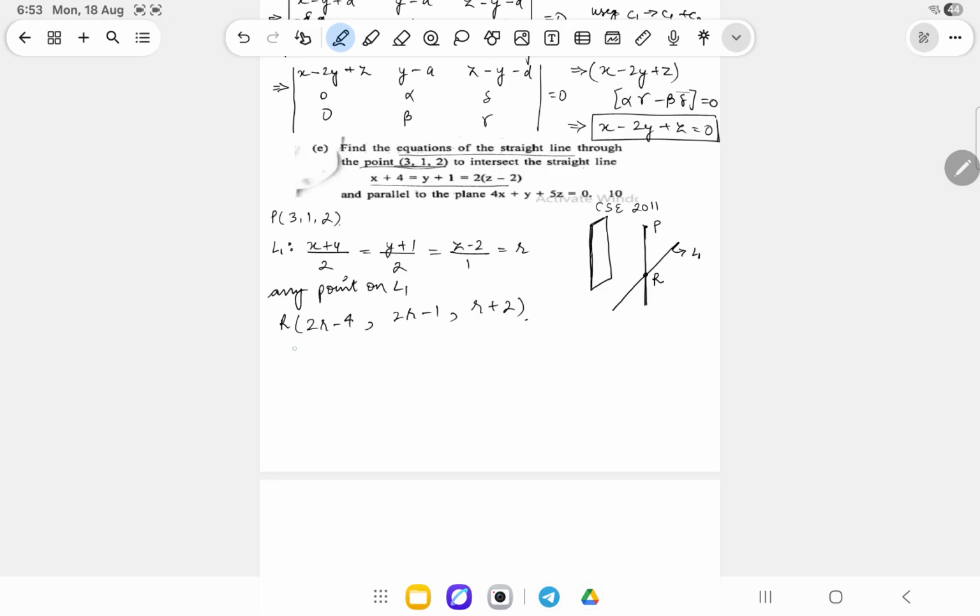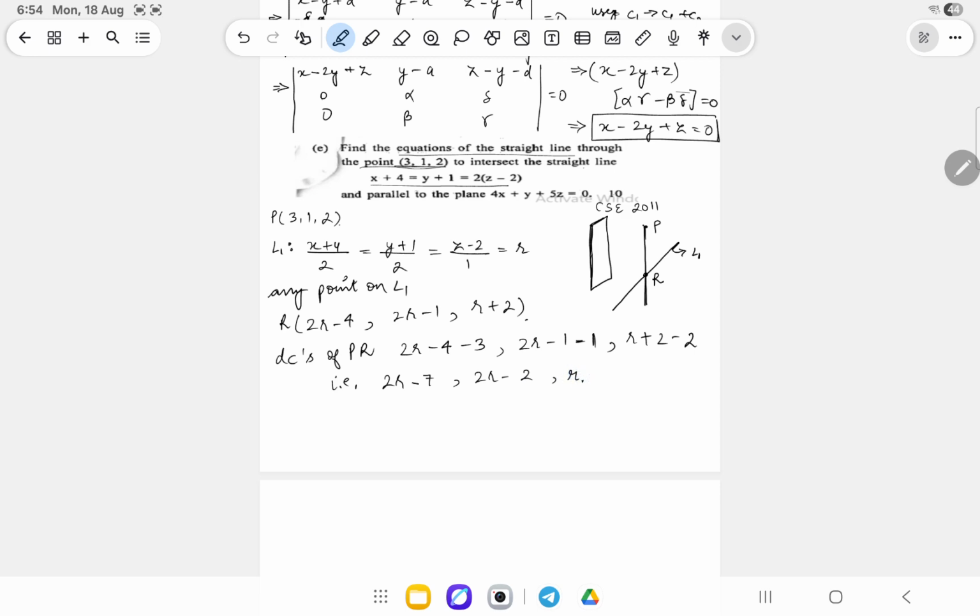From this I can get the direction ratios of PR. The direction ratios of PR are 2r minus 4 minus 3, 2r minus 1 minus 1, and r plus 2 minus 2. That is the same as 2r minus 7, 2r minus 2, and r.